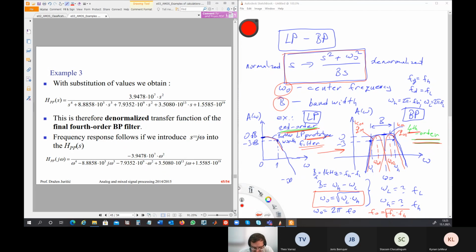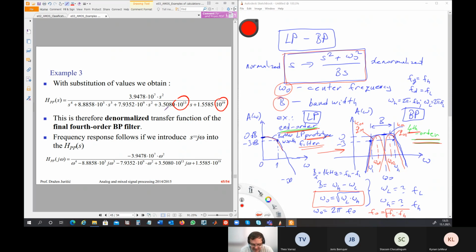Then if you introduce the values, you obtain this transfer function. This is the transfer function of the final fourth order bandpass filter. And as you see, you have 10 to the power of 19, 10 to the power of 13, and so on, because this is a real transfer function with denormalized elements.